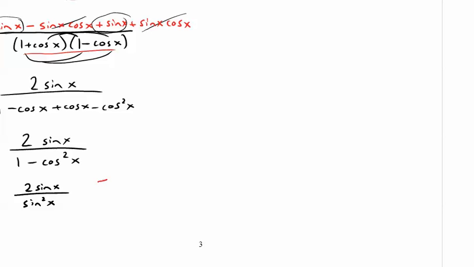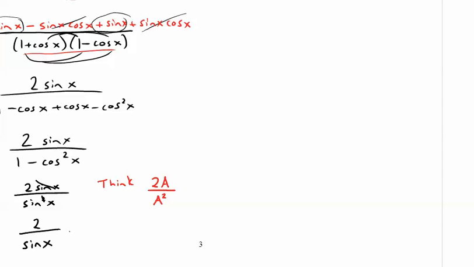And how can we simplify that fraction in your head? Replace all the sine x's with a's. So what would you do if you had 2a over a squared? Well, you'd be able to cancel off one of the a's from the top and the bottom. Just in a similar way, we can cancel off one of the sines from the top and the bottom. This leaves us as 2 over sine x.